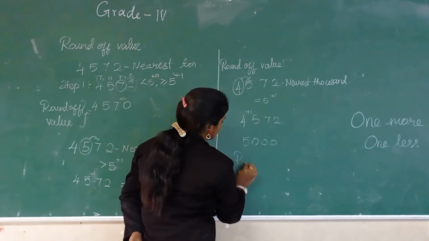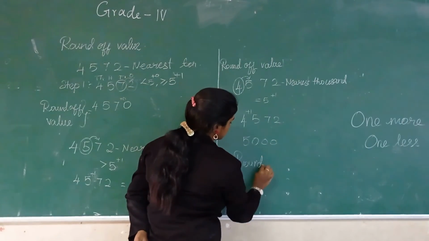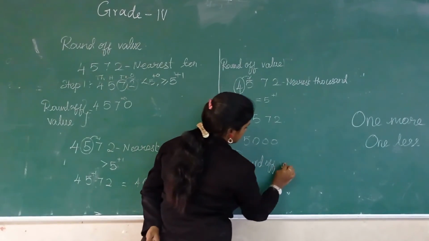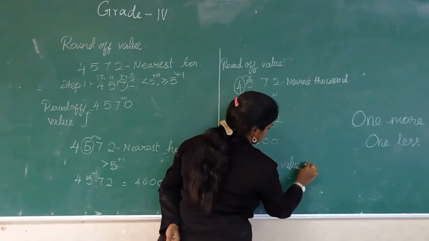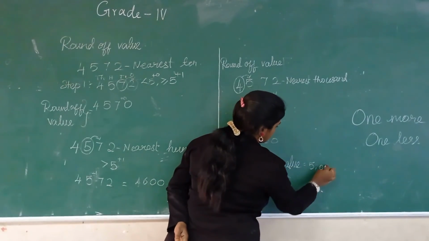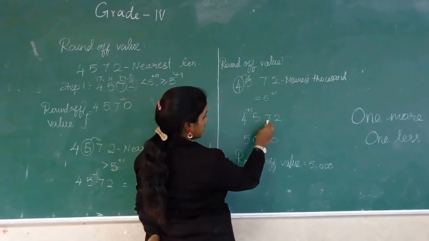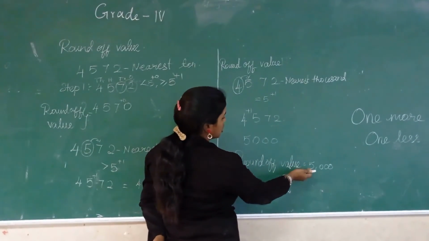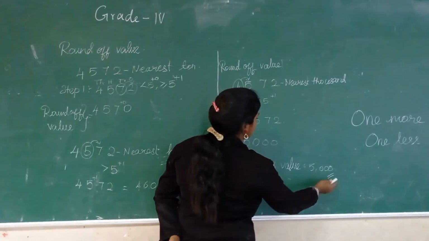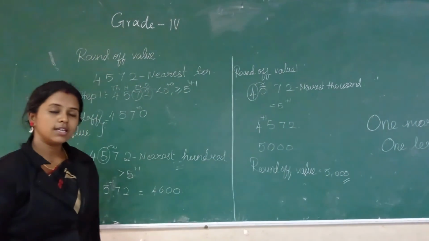So here the round off value is 5,000. Your number is 4,572. For this number, your round off value is 5,000. In this way, we can do it for 10,000 and lakhs also.